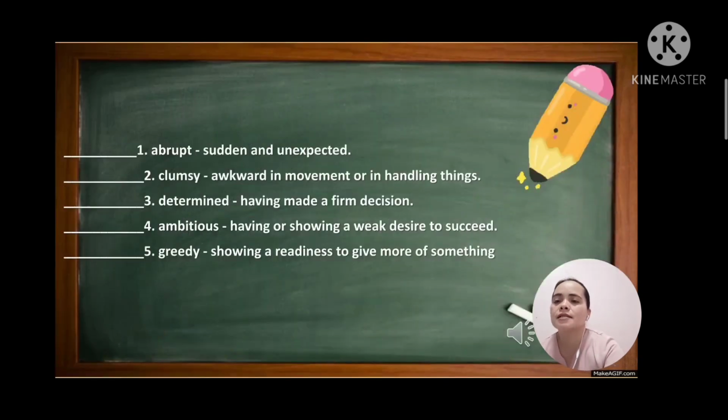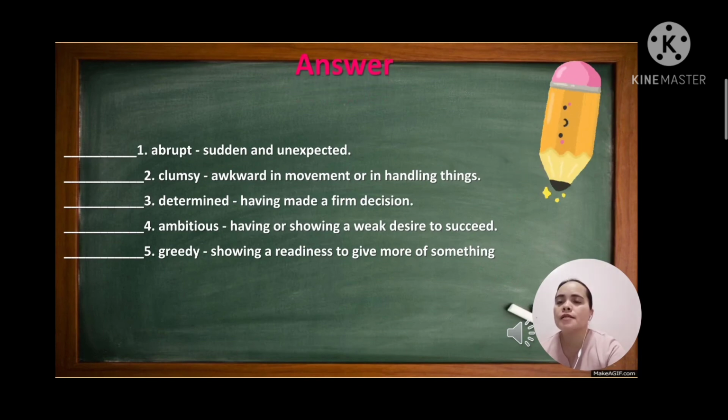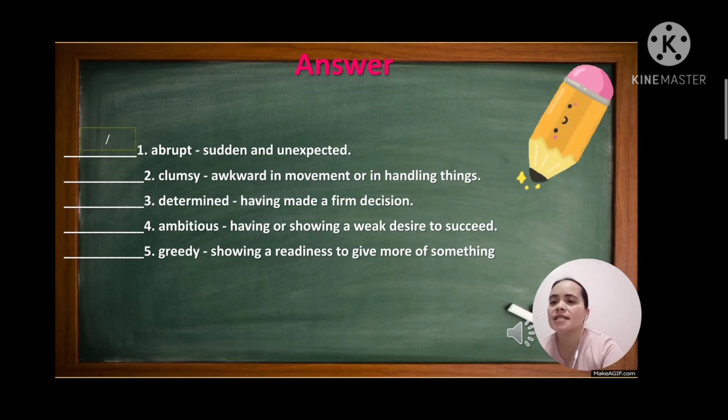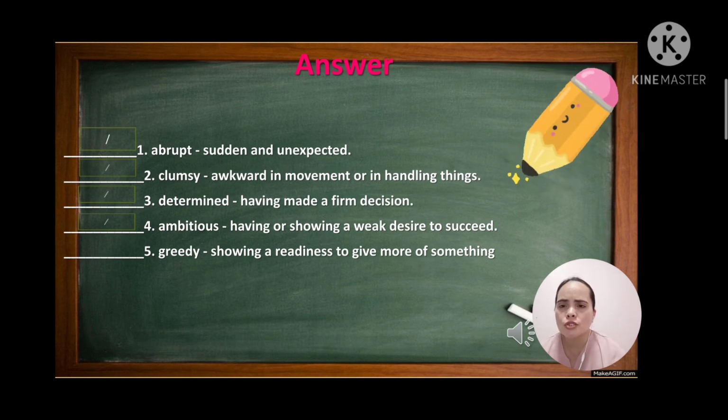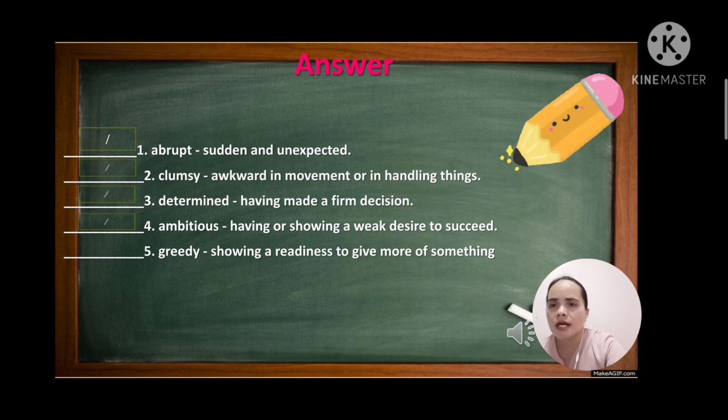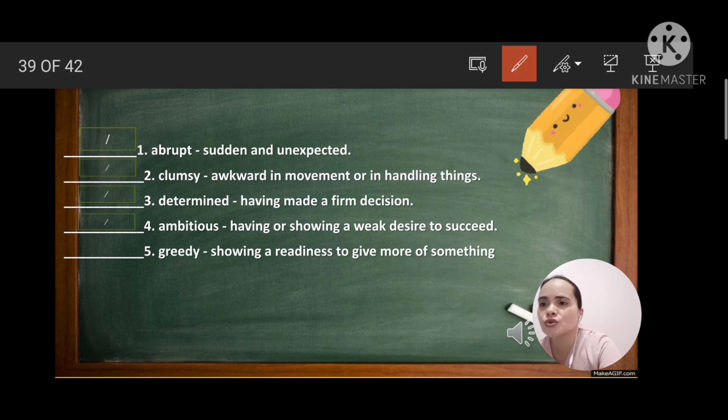Let's check. Okay, for number 1, the answer is check. Number 2, check. Number 3, check. Number 4, ambitious, having or showing a weak desire to succeed. So the answer is X, because it's not a weak desire but a strong desire.